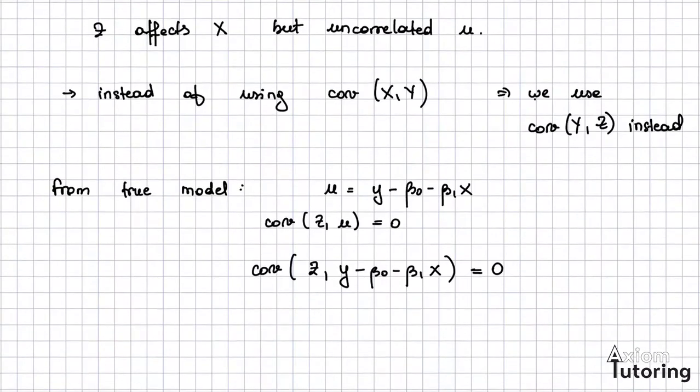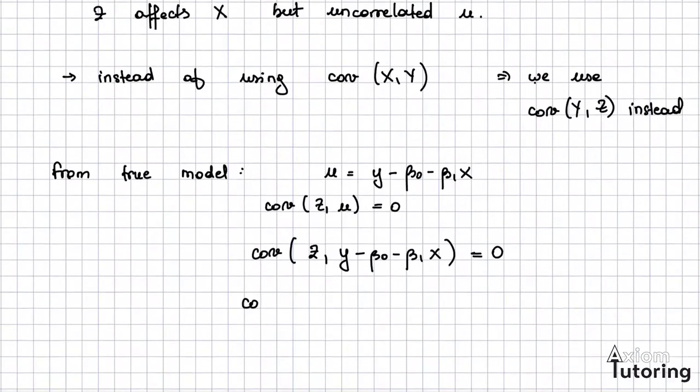If we expand this, and keep in mind, we drop out the covariance for the constant because that is just 0, we will be left only with the covariance of z and y minus beta 1, because the covariance operator is a linear operator. And if you've forgotten all about the covariance operator properties, make sure you check the video on this playlist about the covariance operator properties.